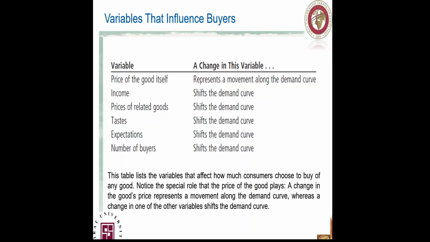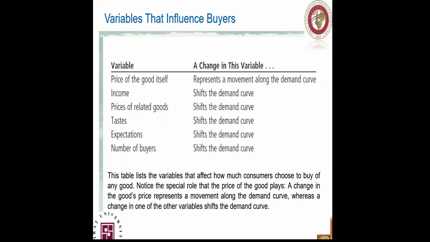If there is an increase in the price of a substitute, there will be an increase in the demand for the good that you are considering or buying. If there is a decrease in the price of a substitute, there will also be a decrease in the demand for the good or service that you are considering. Tastes, as I said, shift the curve depending on some factors.